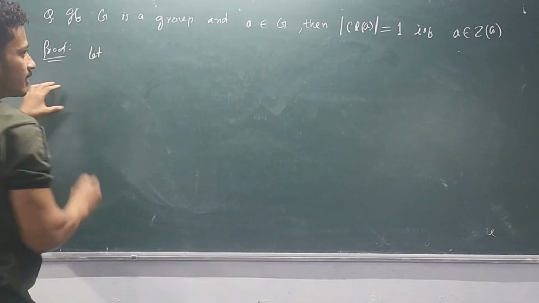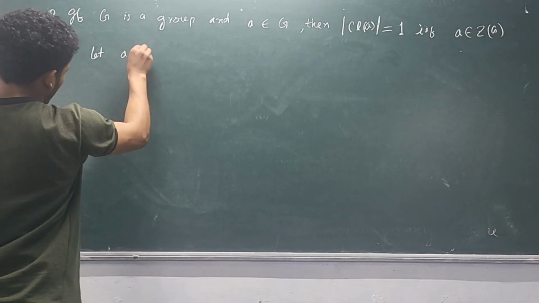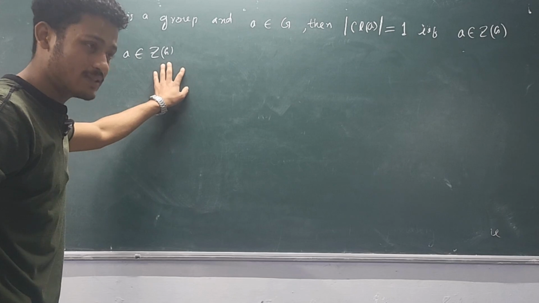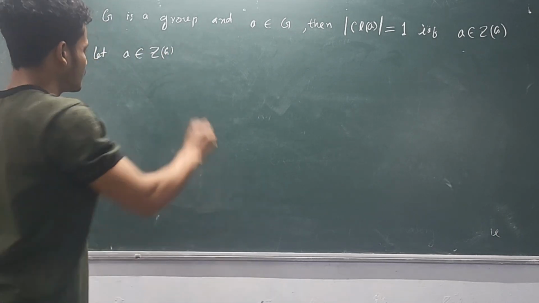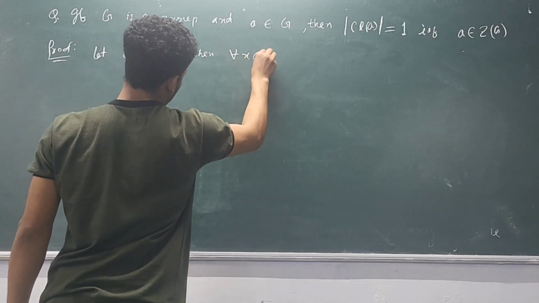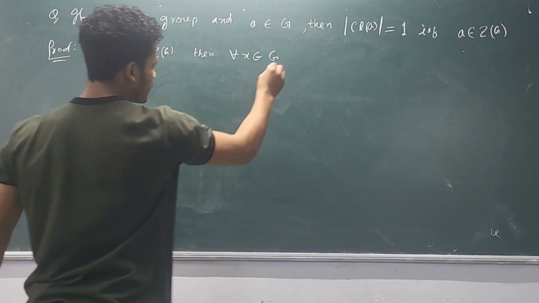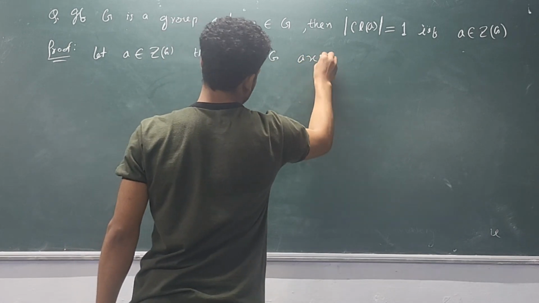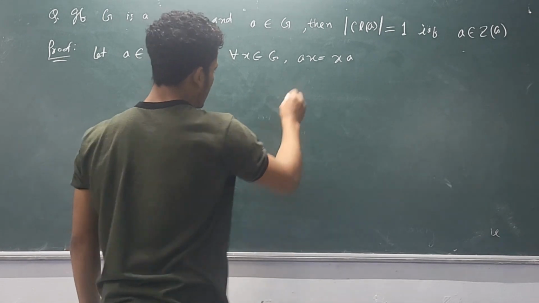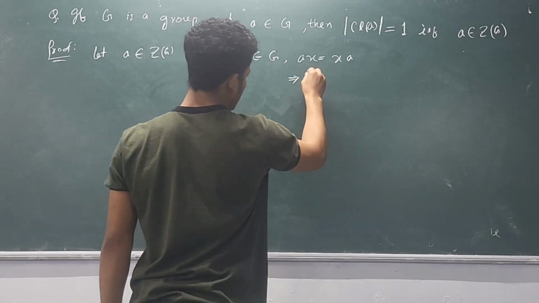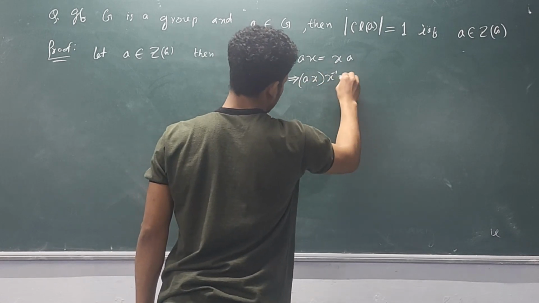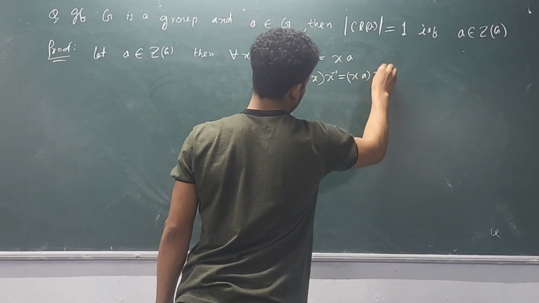So first, let A belong to Z(G). Then what happens? Very simple proof. If A belongs to Z(G), what is the property of A? Then for all X belongs to G, AX is equal to XA. And this will imply AXX inverse is equal to XAX inverse.